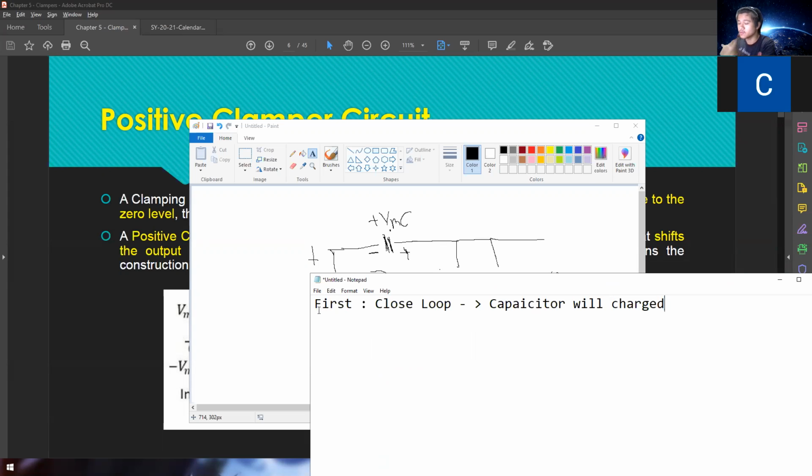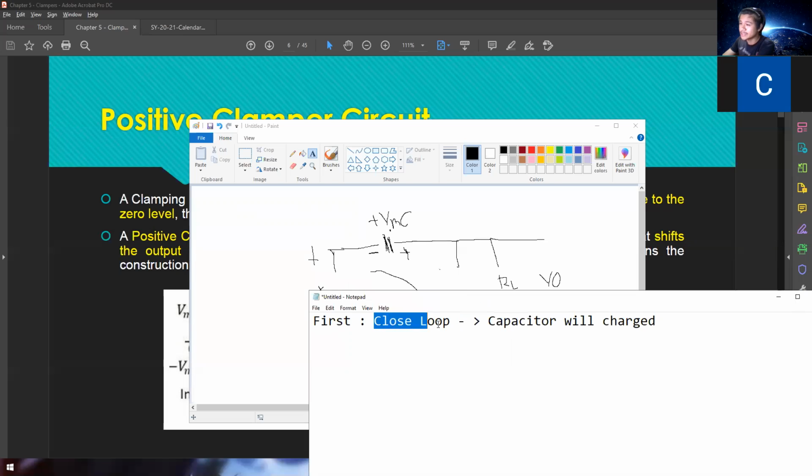You must know what polarity you're going to do first. So the first thing that you need to do is charge the capacitor. For you to be able to charge the capacitor, you must have a closed loop. If you have a closed loop, then that one must be a forward bias.